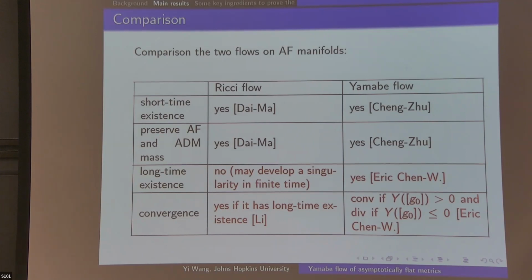In a compact case, when y is less than or equal to 0, it always converges. Okay, so this is a new feature. Yeah, in the positive case, it's much harder to prove, but so far, all the results that we have seen, by Struwe, Brendle, and Rugang Ye, and previous ones by Hamilton, are all convergent in the positive case.